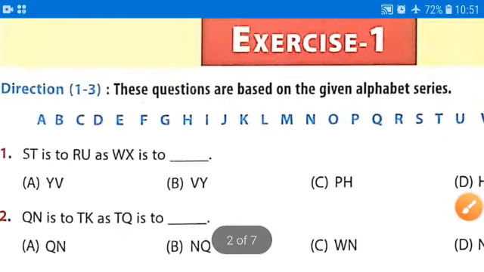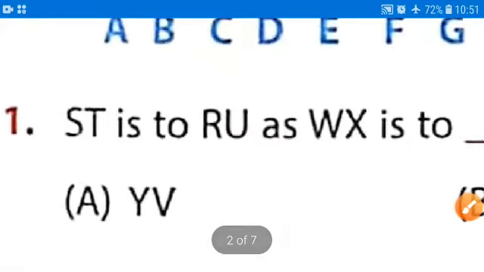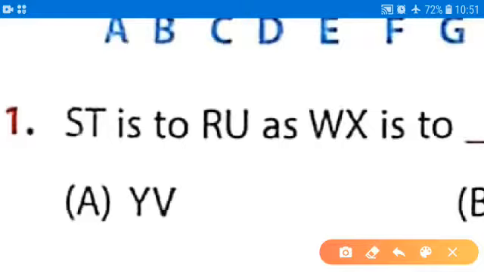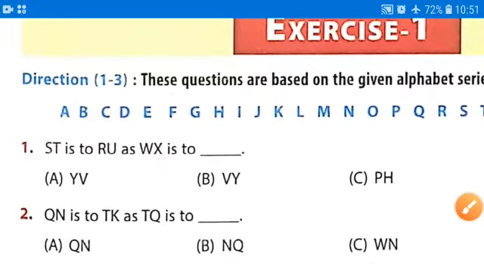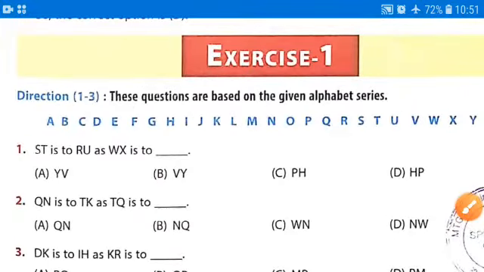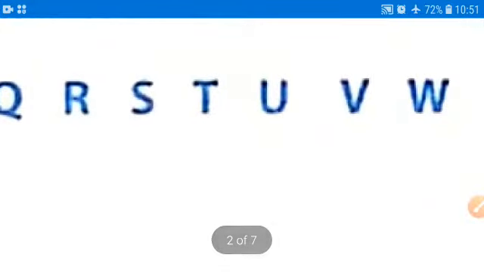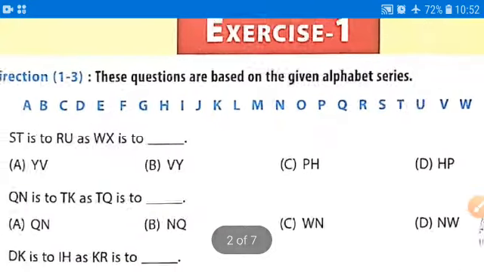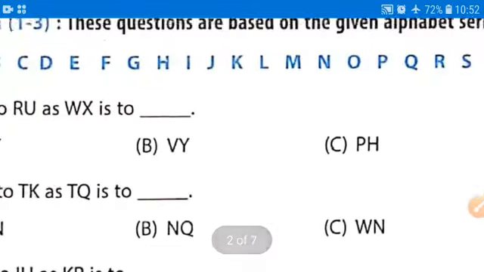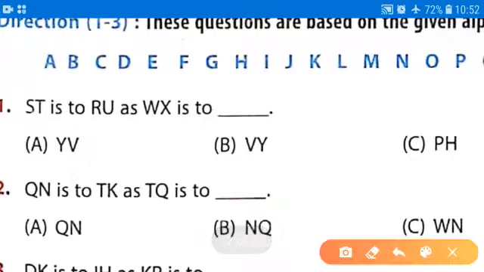Now you can see we are subtracting 1 from S and adding 1 to T, and we are getting RU. Similarly, we will go one letter back from W and one letter forward from X. Before W we have V, and after X we have Y. So the answer will be VY.